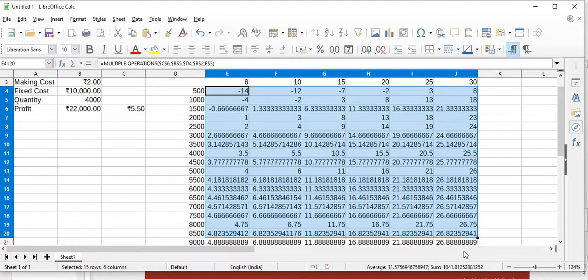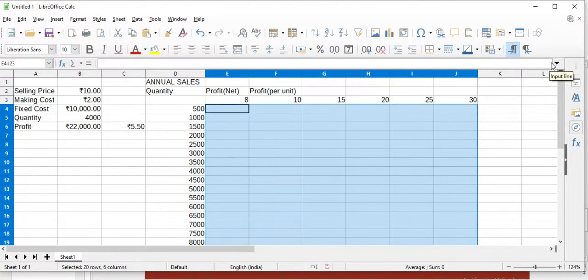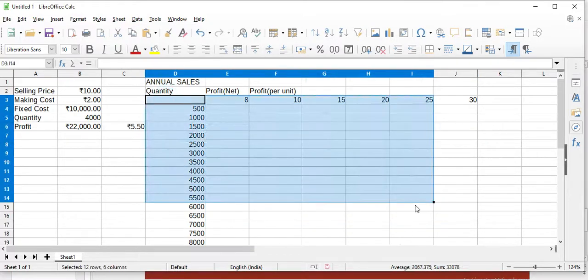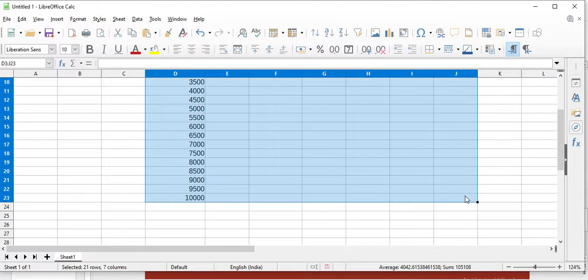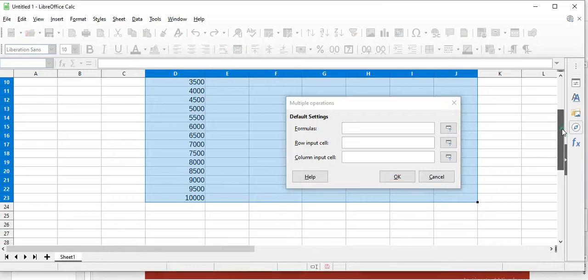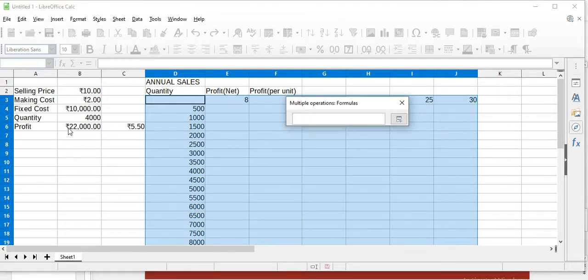If I want the overall profit, the net profit, same, I will go to Data. First I will choose all these input cells, go to Data, and then Multiple Operations. In the formula, in the previous example I used the per unit formula, but now for finding the overall profit for different selling prices, I will choose the basic profit formula.